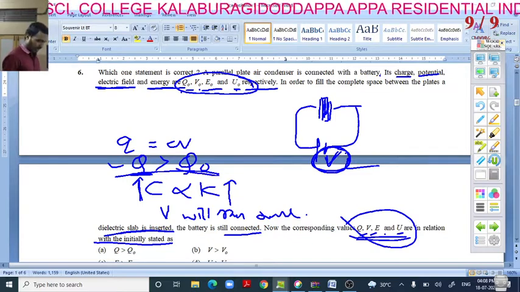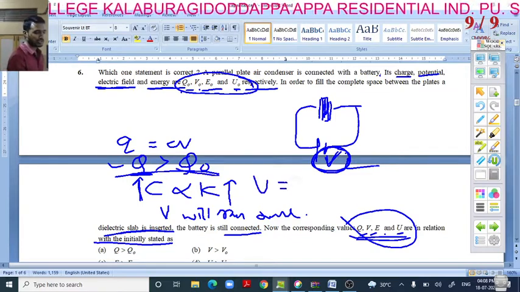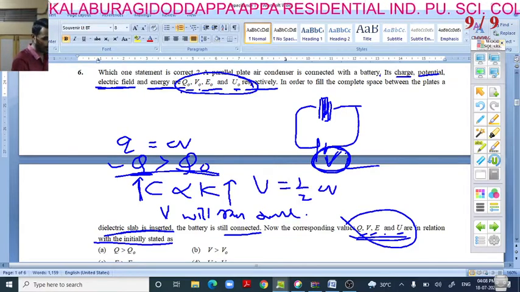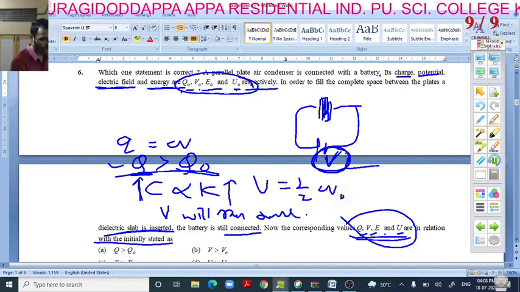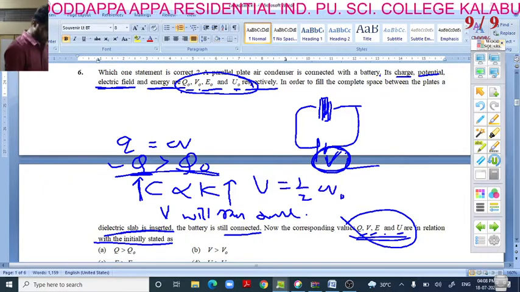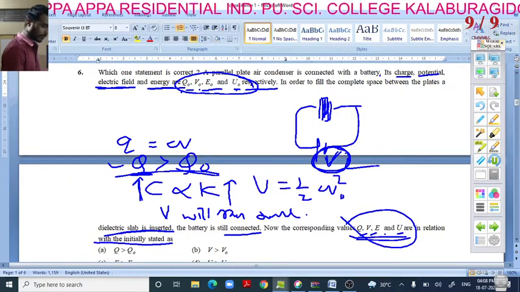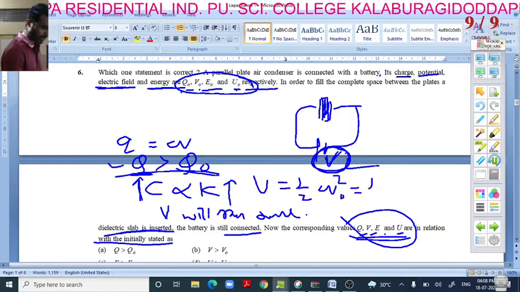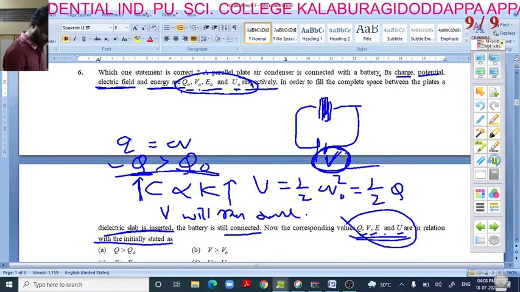Along with that, we know that energy is equal to half CV square, which I can also write as half Q V naught.